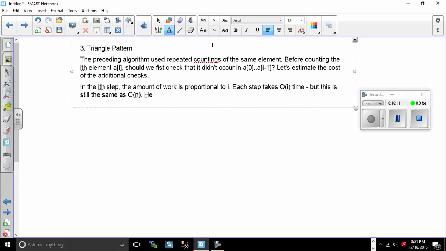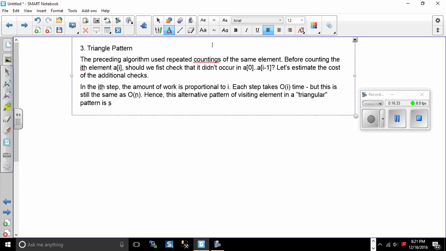Hence, this alternative pattern of visiting elements in a triangular fashion is still n squared.